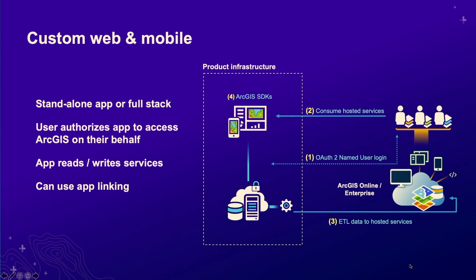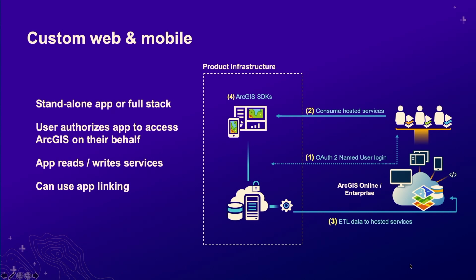So what this looks like is basically you have your product infrastructure that's using maybe ArcGIS Runtime or our JavaScript API. You have an application that's built, it's connecting into your backend infrastructure. The user then logs into your application, initiating an OAuth 2 named user login.